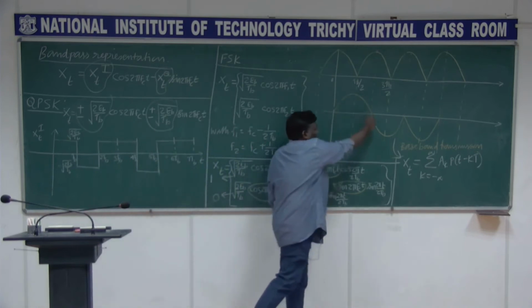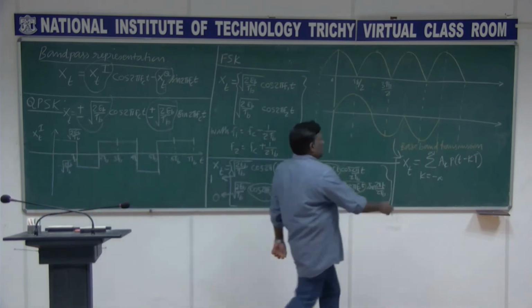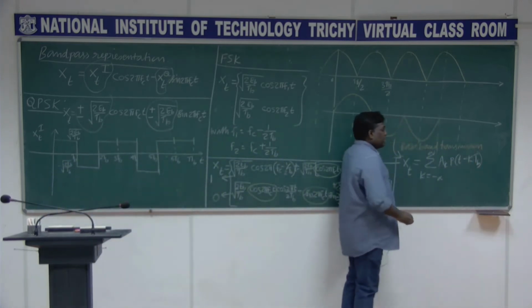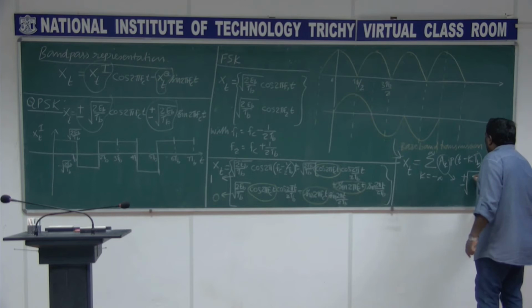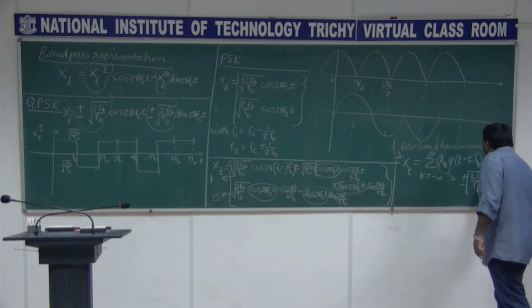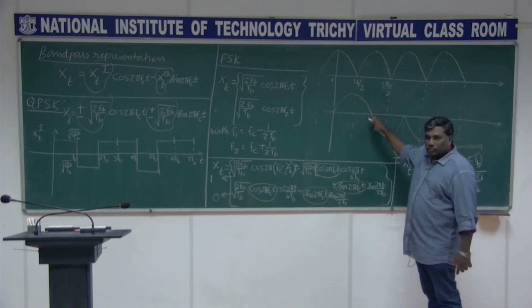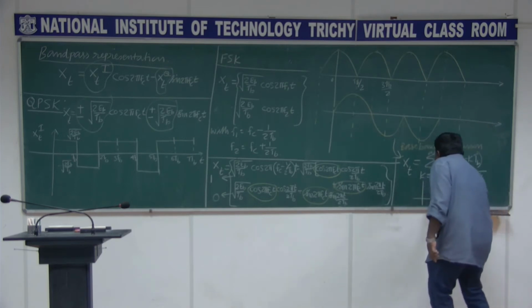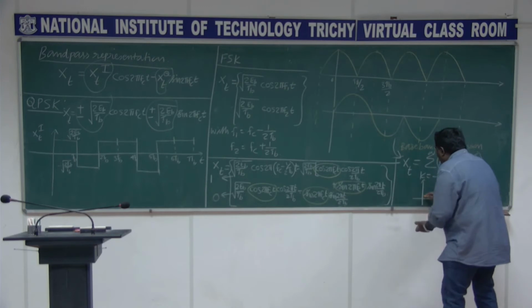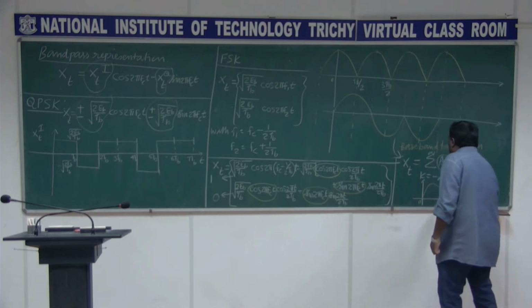Here it is a sine, defined for T_B. Strictly speaking, you are going to have this as T_B. And this amplitude a_k is taking either plus or minus root of 2E_b by T_b, and the pulse shape is this. So this p of t, let me draw it here, and your pulse is like this, which is basically 0 to T_B.